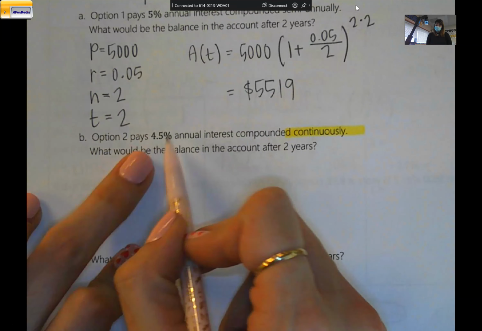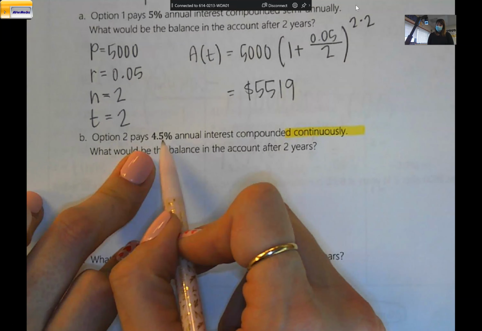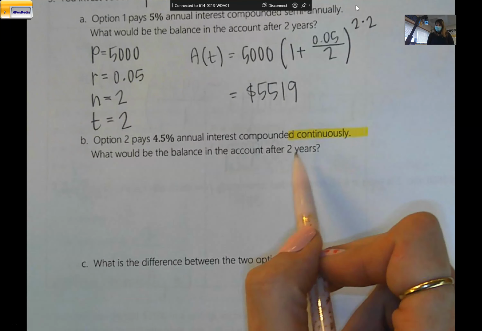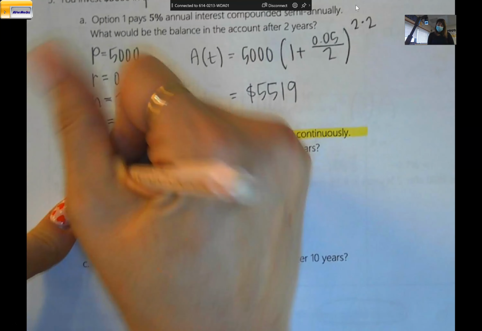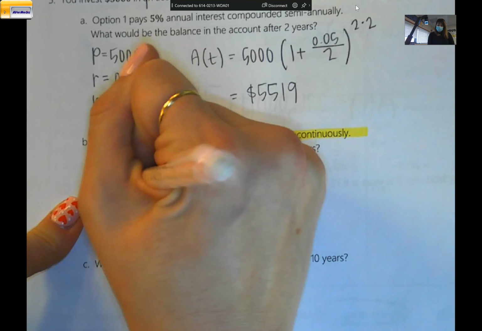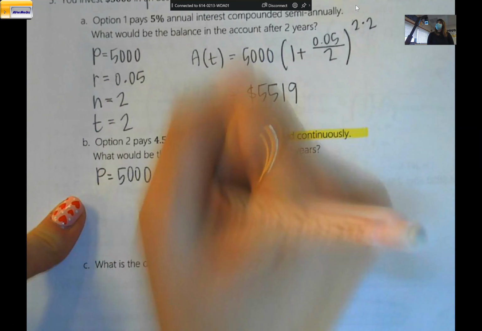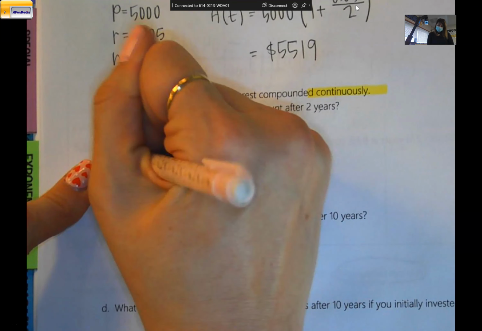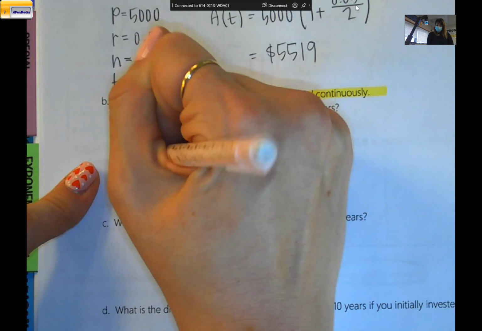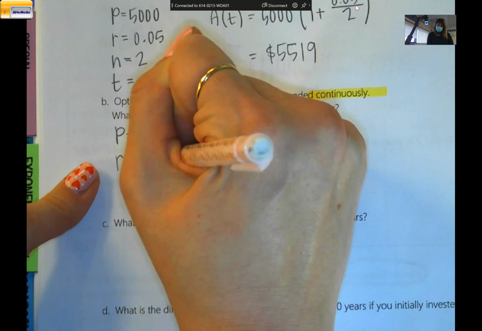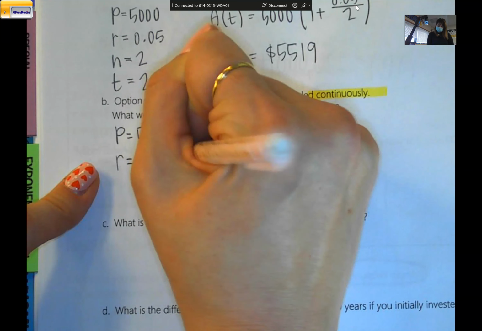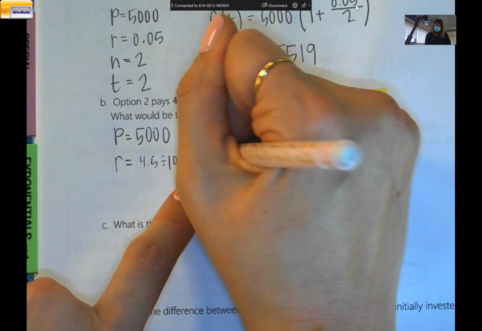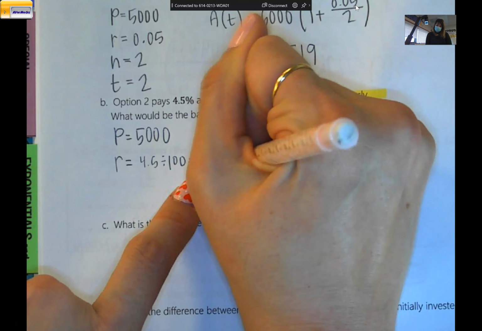So option 2 pays 4.5%. We're still at 2 years. So P is that same 5,000. R is now 4.5 divided by 100. So that's going to give you 0.045.